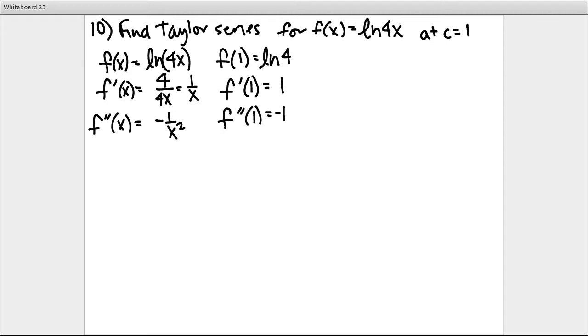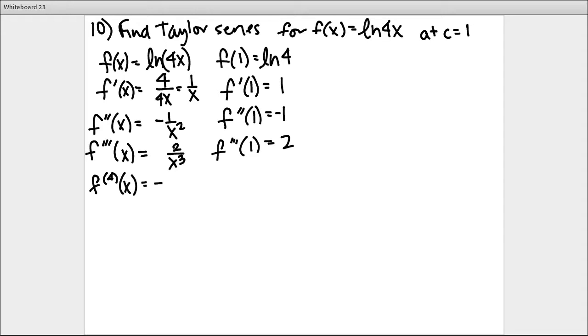I'm going to ask you to give the first 3 non-zero terms and then the general term, okay? So let's keep going. The third one would give you a positive 2 over x cubed, and evaluated at 1 would be a 2, and let's go ahead and find the fourth derivative also.